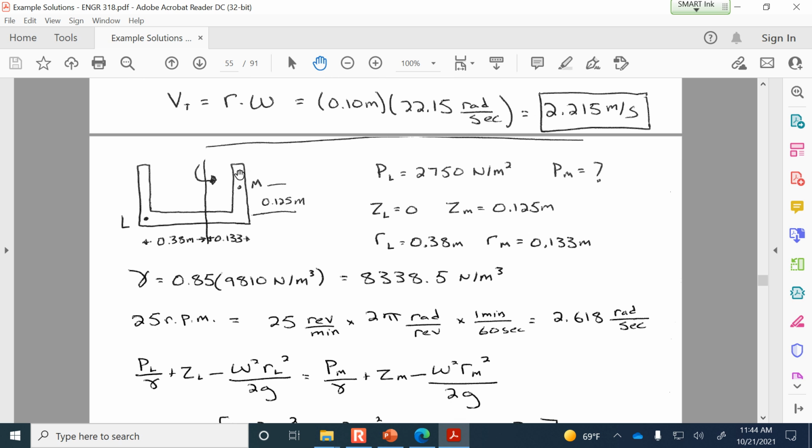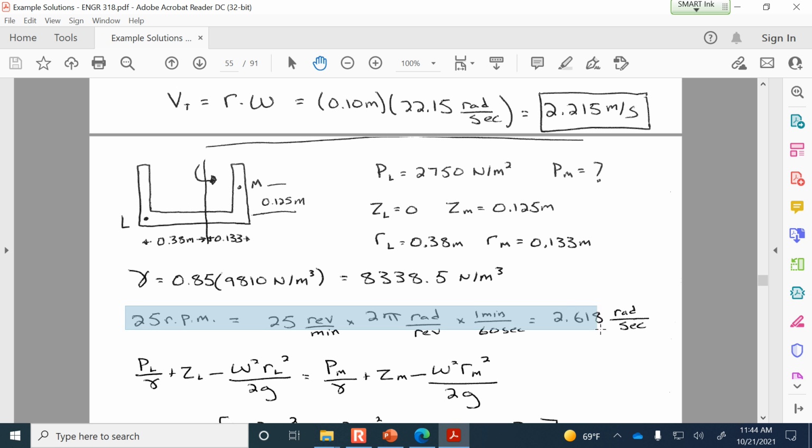All right, so there's the left side, point L, there's the right side, point M. We're making all these substitutions for the pressure, elevation, radius. Calculate the unit weight based on the specific gravity that's known.